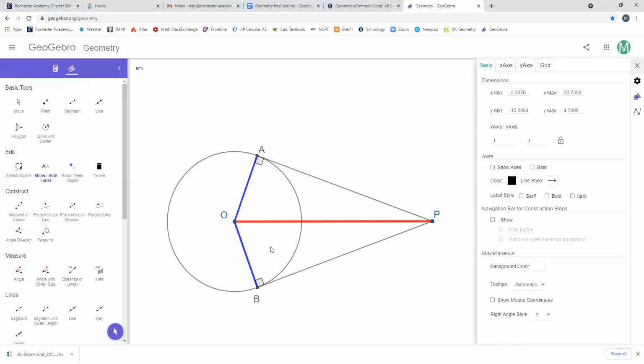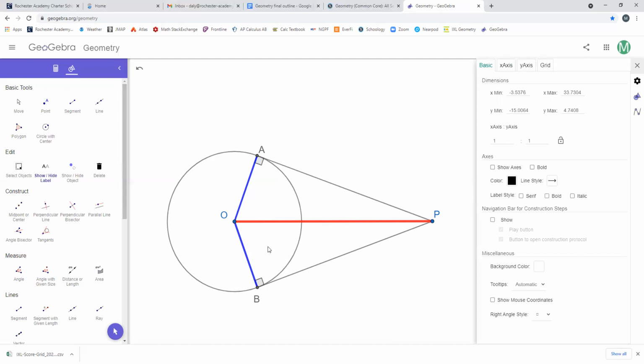Now we've got 5 different reasons for being able to justify triangle congruence. We've got SSS, we've got SAS, we've got ASA, we've got AAS, and we've got HL. Which one of those is the reason we can use to prove that these 2 triangles are congruent?